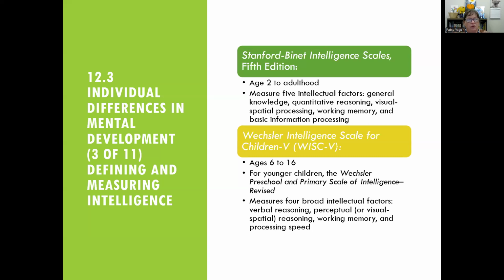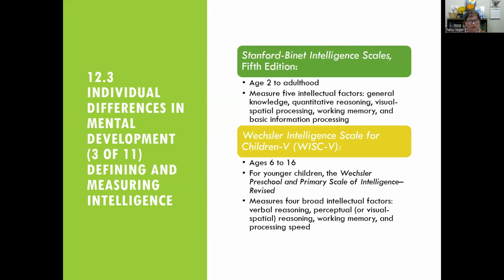We have the Stanford Binet Intelligence Scales, 5th edition. These are from age 2 to adulthood. They measure the 5 intellectual factors: general knowledge, quantitative reasoning, visual spatial processing, working memory, and basic information processing. The younger we try to administer these types of tests, the more difficult it is to really get an accurate score.